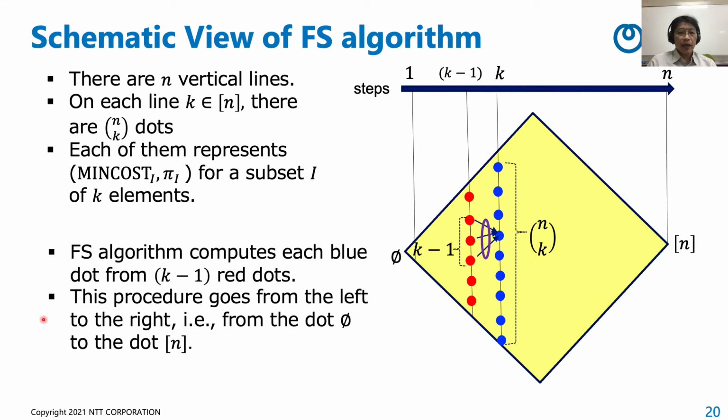Then the FS algorithm computes each blue dot from k-1 red dots, because each red dot is a k-1 element subset of I. And this procedure goes from left to right, from the dot for the empty set to the dot for the entire set.